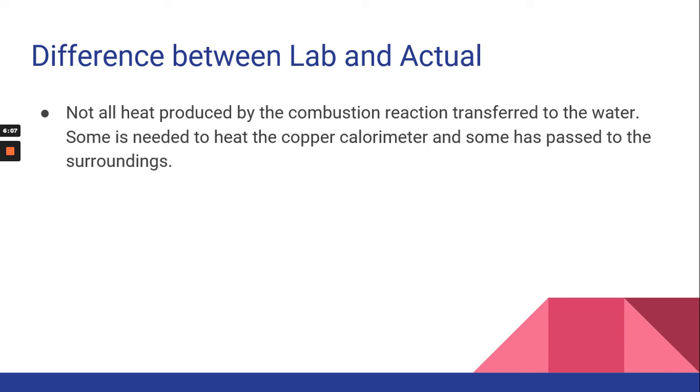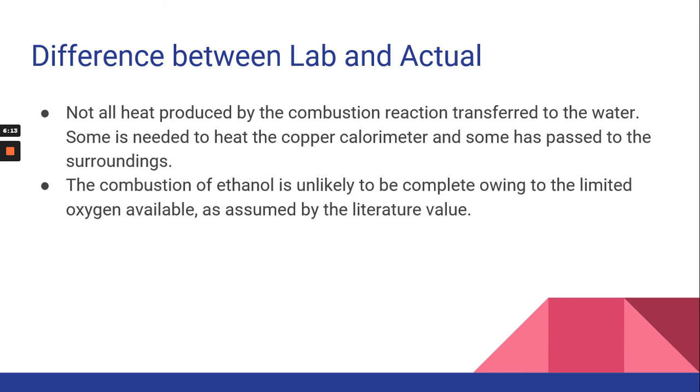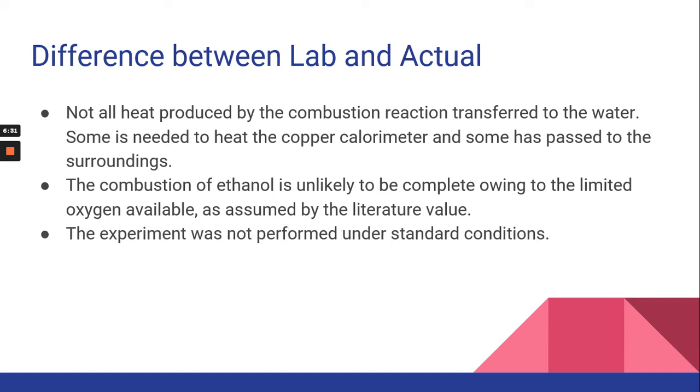And so heat loss to the surroundings is a very well-established reason. Another reason is that maybe the ethanol didn't completely combust. Instead of the ethanol being the limiting reactant, maybe oxygen was a limiting reactant. So even though we think we burned 0.01 moles of ethanol, we really didn't burn all of that.